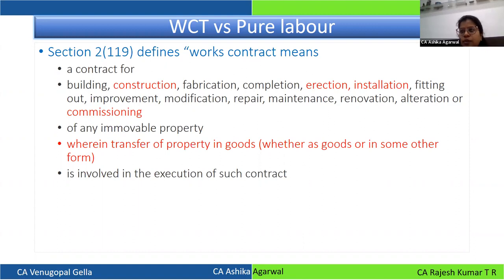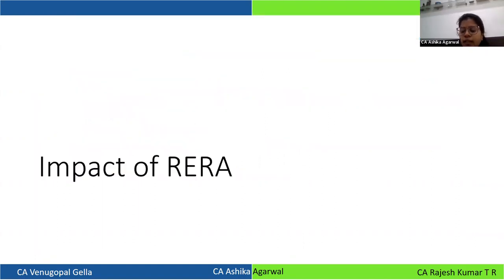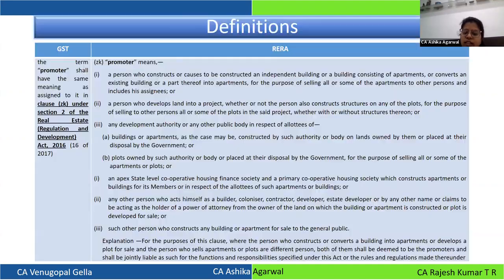Now, a few issues we will discuss after the impact of RERA: what the impact of RERA is, basically how RERA has an impact on GST. To start, we would first like to highlight the various definitions taken from RERA.